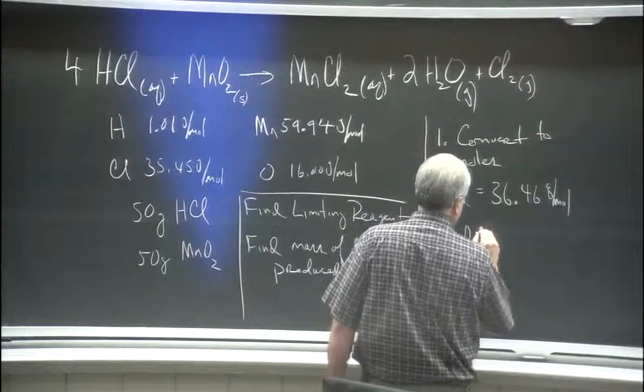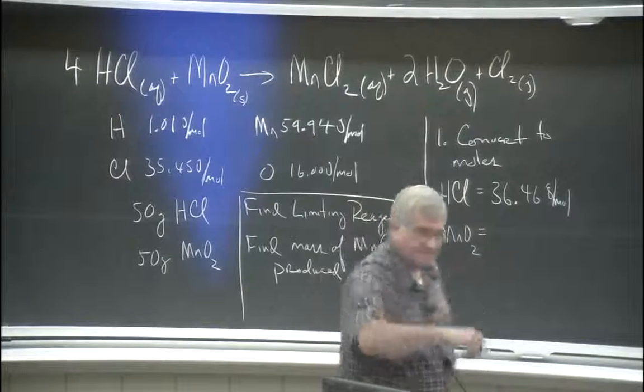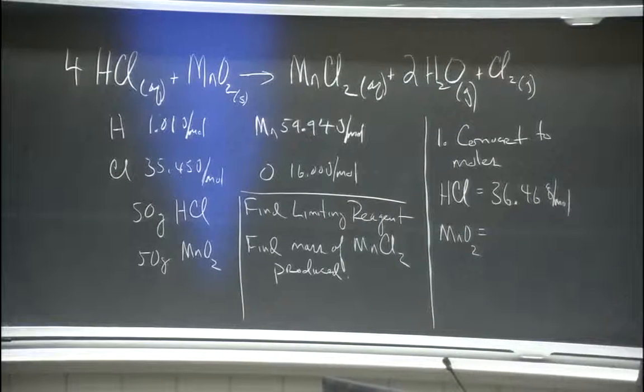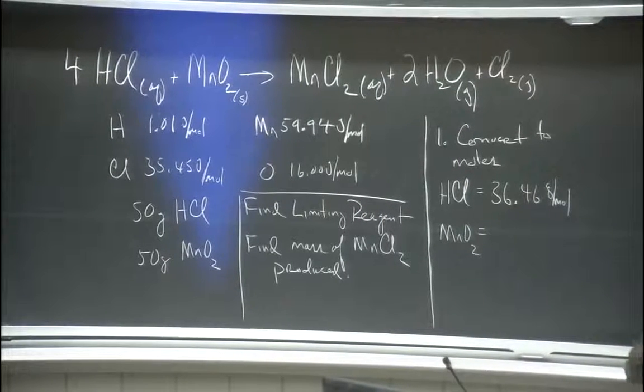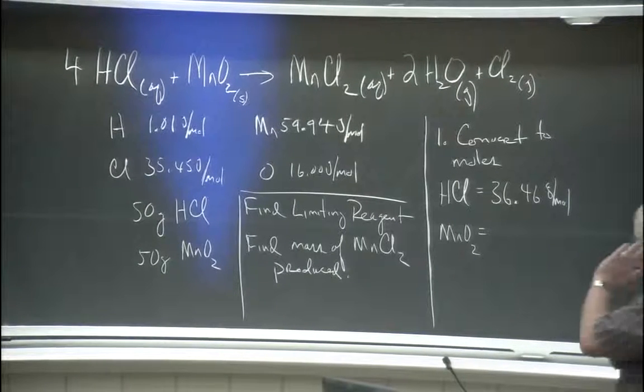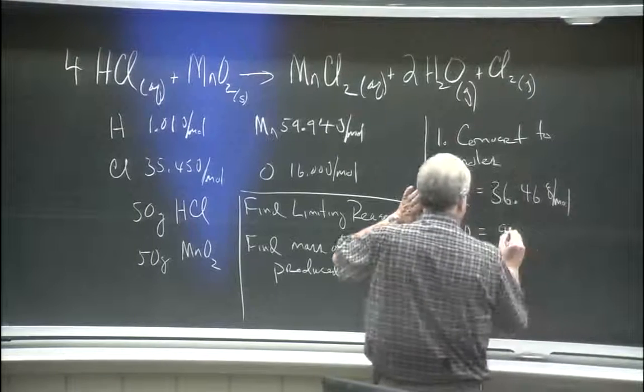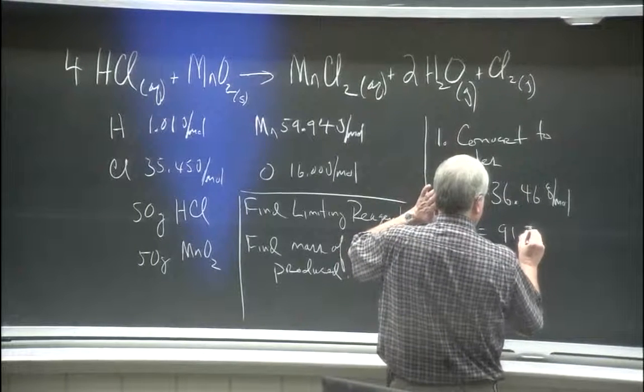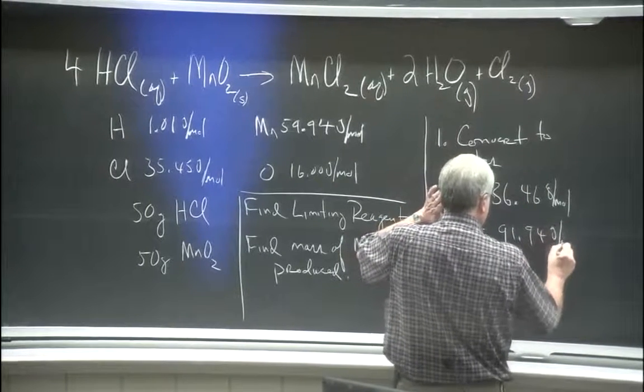Okay, now we have manganese 4 oxide, and what's the mass of that going to be? This might sound trivial, but make sure everybody knows how to go through the basic drills. Manganese 4 oxide, what do we have for a molar mass? What was that? 91.94? Okay.